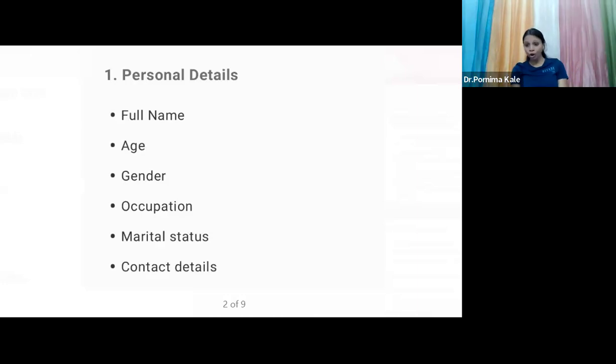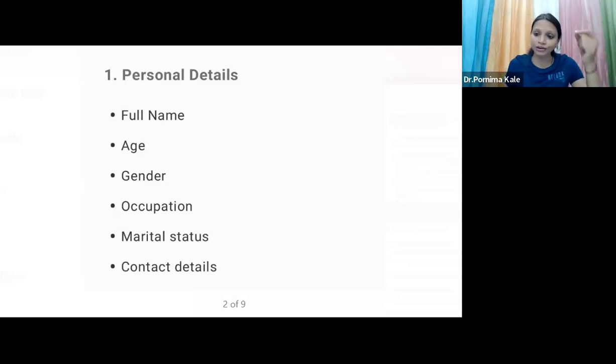Okay. Occupation. Why is occupation necessary? If a patient has asthma, you are giving them asthma yogic therapy, Ayurveda medicines, Ayurveda therapies, you are recommending a good diet, and still the patient is not recovering.